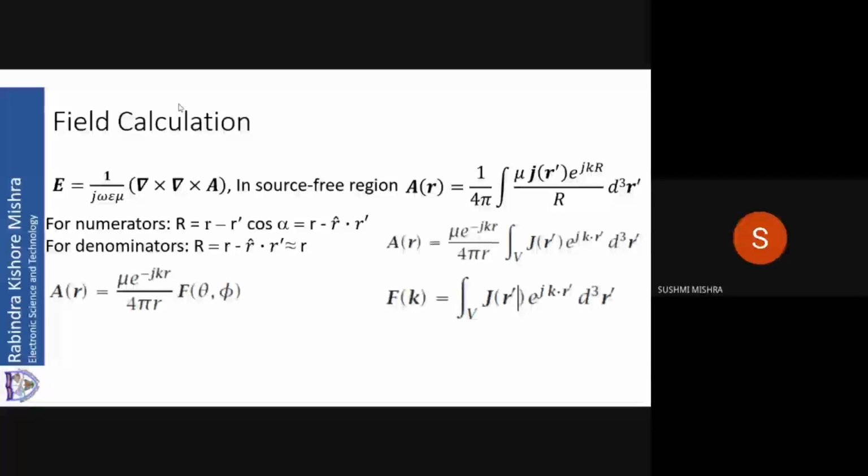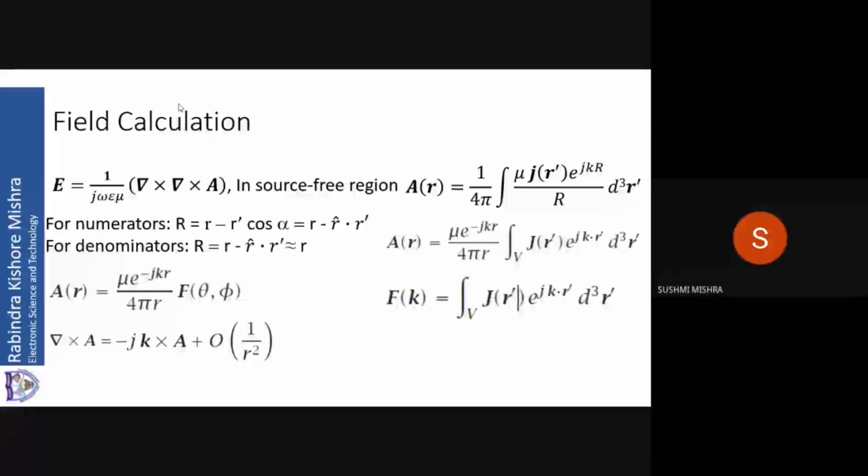Once we know the radiation vector potential, we can find out its curl. That also you have seen, that we simplify that curl expression as curl of A equal to minus jk cross A plus higher order terms of 1 by R squared. Those higher order terms are neglected.